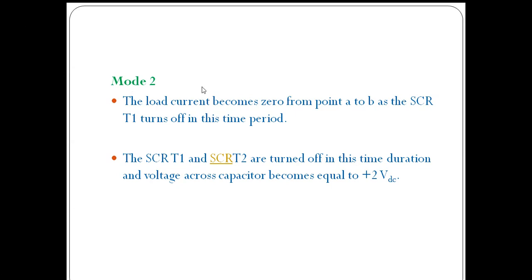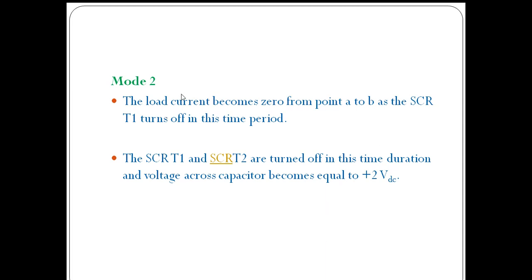Mode 2. The load current is 0 from point A to B as SCR T1 turns off in this time period. In this time period, SCR T1 should be turned off. SCR T1 and SCR T2 are both off in this time duration, and the voltage across the capacitor remains equal to plus 2 VDC.